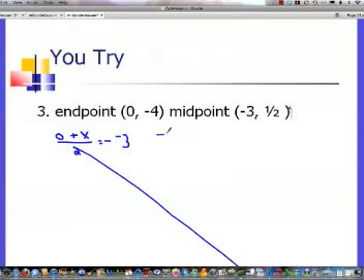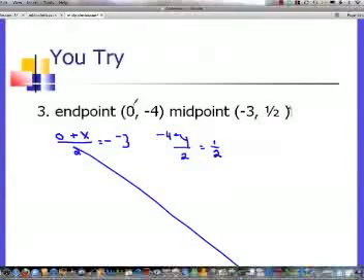And then I'm going to do -4 plus y over 2, is always over 2, and that's equal to the y coordinate of this midpoint, so 1/2. Sometimes, if the fractions throw you, the algebra thing's a little easier.